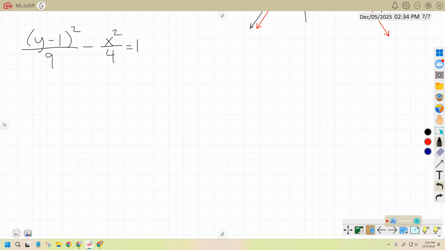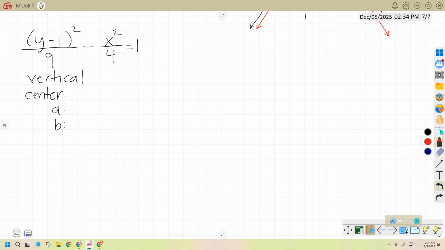Much like ellipses, I need to know my axis. I need to know my center, my A, and my B. So, Aubrey, is this a horizontal hyperbola or a vertical hyperbola? This is vertical. Very good. How did you know it was vertical?